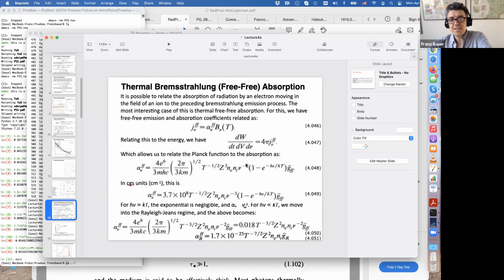You'll see this 1 minus e to the h nu divided by kT. That comes from the Planck function. We also have an extra factor of frequency now, actually several factors of frequency.